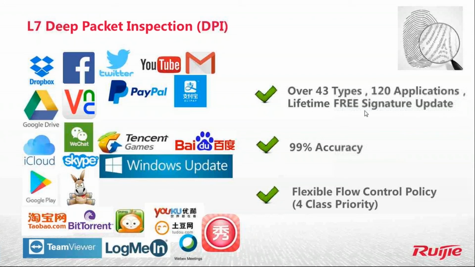You don't need to purchase any subscription to enjoy this free signature update for all 43 types and 120 applications. We have proof of 99% accuracy, and based on these 4 classes we can do flexible flow control policy.